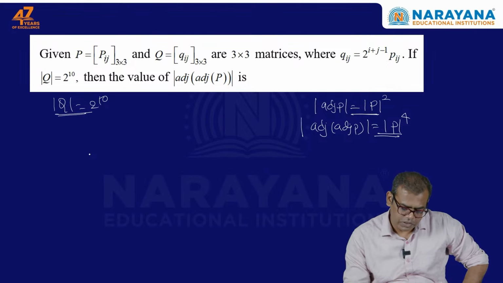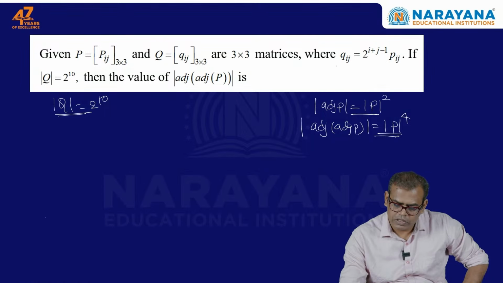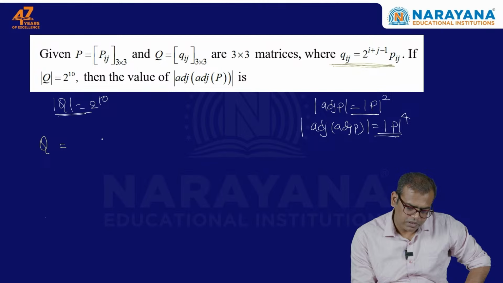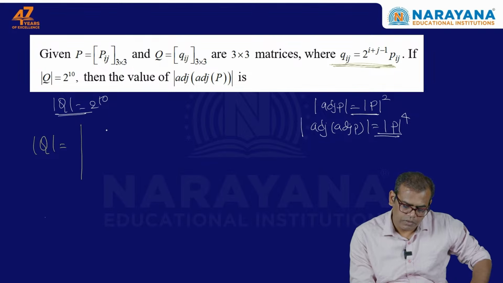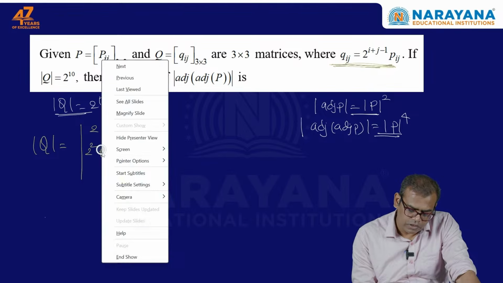And one more piece of information is given here, this relation is given. So write this relation here. Q is a matrix, so for the determinant of Q, follow this pattern now. First row first column element, 2 into p11, 2 square into p12, 2 to the power 3 into p13.